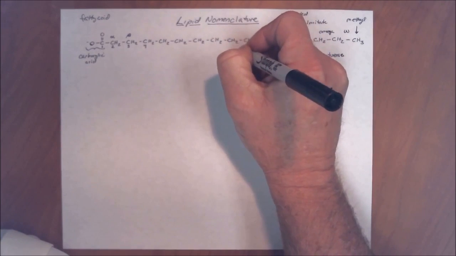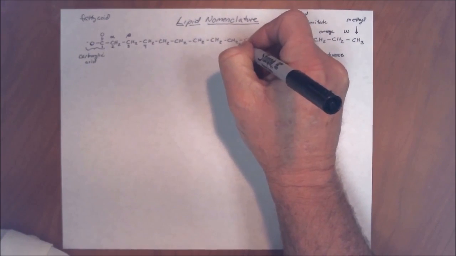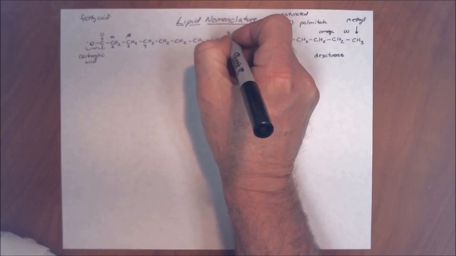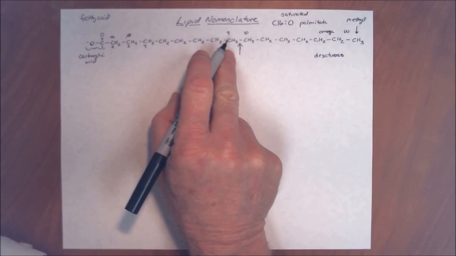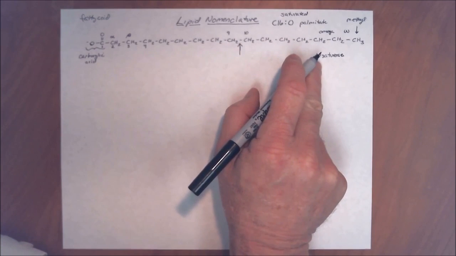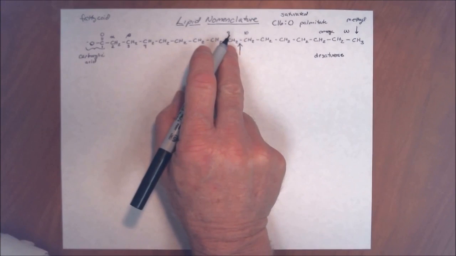So this particular bond here between carbon number 9 and carbon number 10 would be processed by the desaturase enzyme to create a double bond. So this bond here would be oxidized.